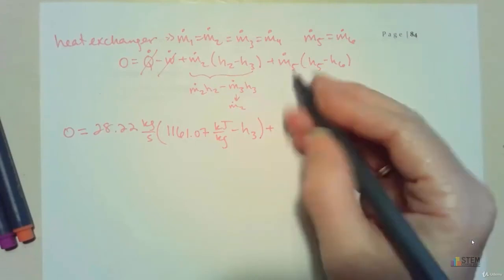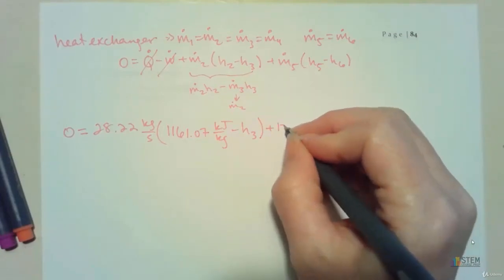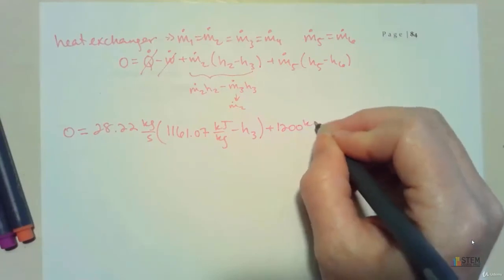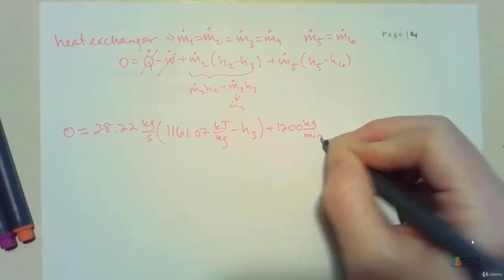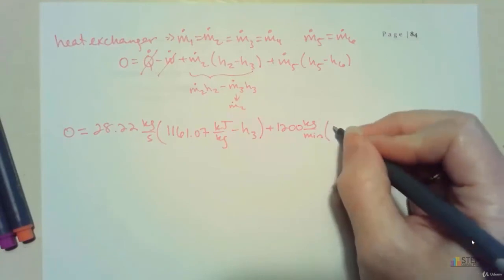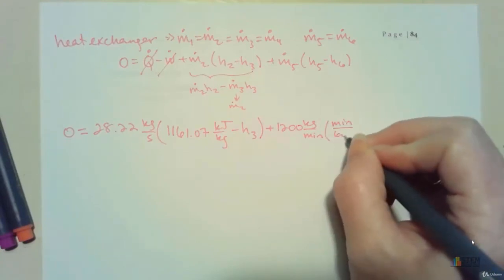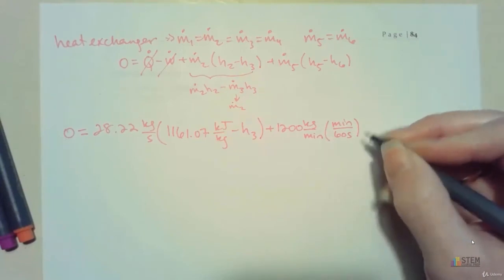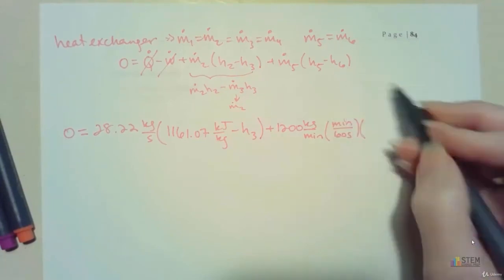Next we do M5 dot. That was given in the picture. That was 1200 kilograms per minute. Do we ever leave anything in minutes? No, not usually. So let's convert over to seconds. And then we've got H5 minus H6.